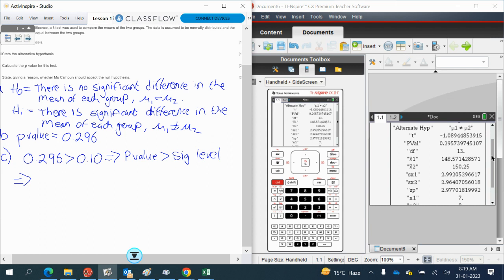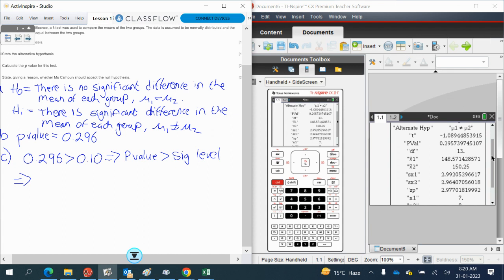The wording of the conclusion is always one of two very subtly different things. There is sufficient evidence to reject the null hypothesis, or there is insufficient evidence to reject the null hypothesis. The only difference is the prefix "in". So there is either sufficient evidence to reject the null hypothesis or insufficient evidence to reject the null hypothesis.